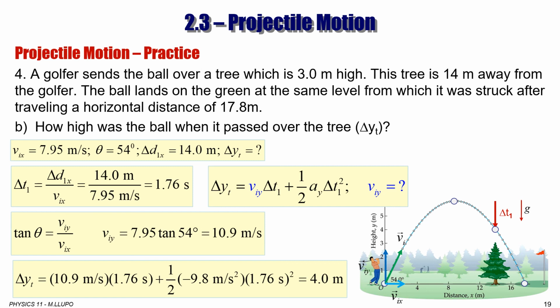Time is 1.76 seconds, all to the power of 2. And we plug those in the calculator and we get 4 meters, which is well above 3 meters high. So the ball will pass over the tree and is going to land successfully on that green.